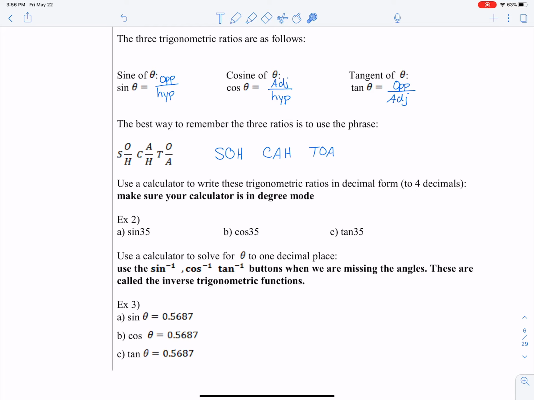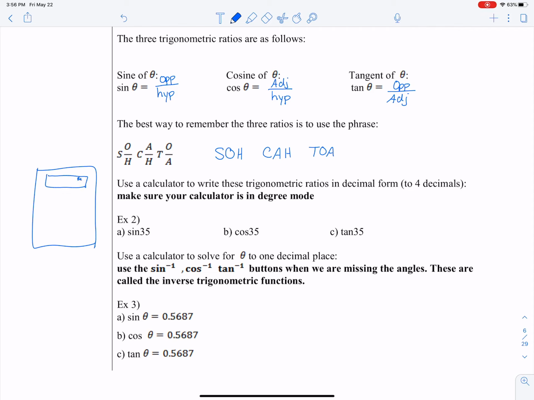To figure these out in your calculator, you need to use a calculator to write these trigonometric ratios in decimal form. You need to make sure that your calculator is in degree mode. Normally if we were in the classroom, I would help people with this because some people can find this tricky. Let's say this is your calculator, and this is the screen where the numbers are.